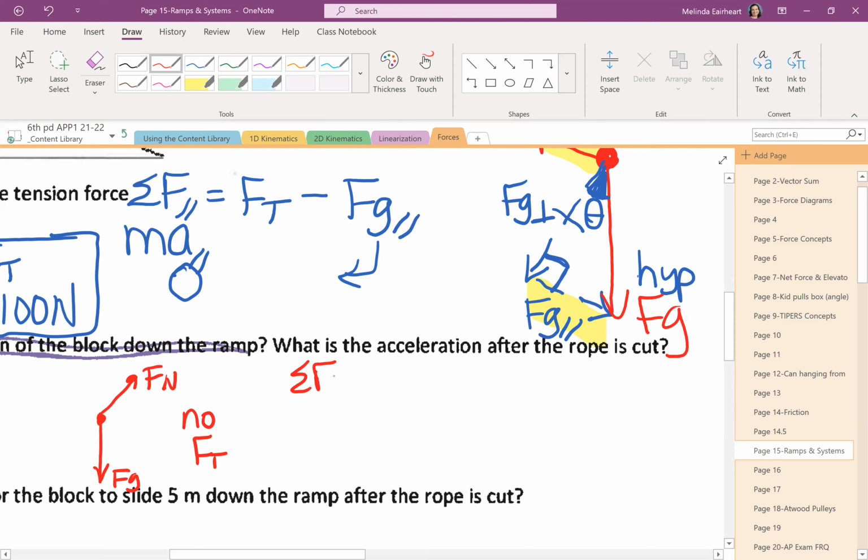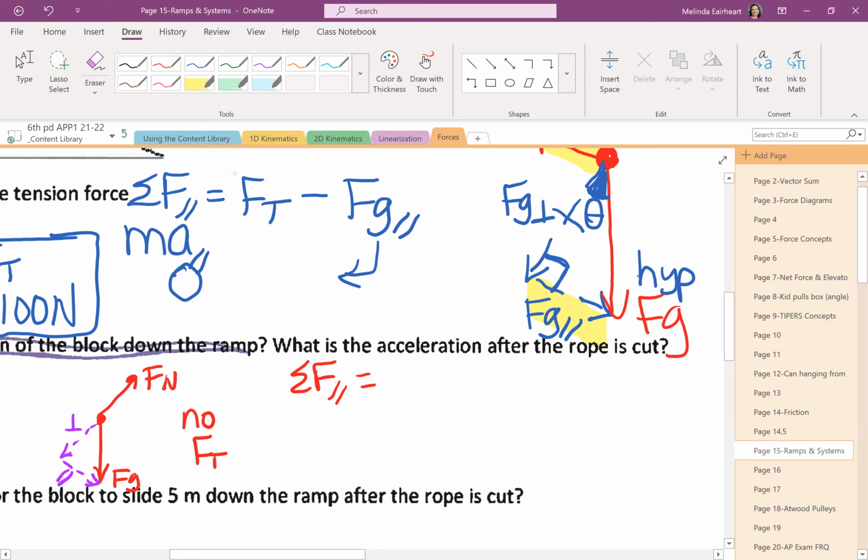And so F net parallel equals, now what force is bringing it down the ramp? Gravity, we say gravity, but it's a component of gravity. Make sure you think or draw these components.